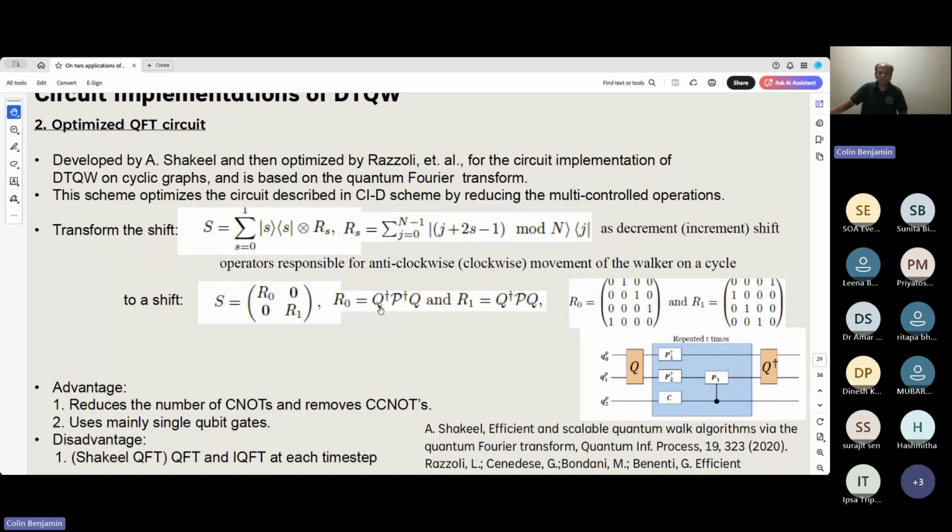Now, as we saw before, the shift operators were implemented using control NOT gates. So using this, they actually eliminate the control NOT gates. They mainly use single qubit gates. There are some CNOTs they have to use. And the first proposal by Shakil used quantum Fourier transforms at each time step. What Razzoli et al.